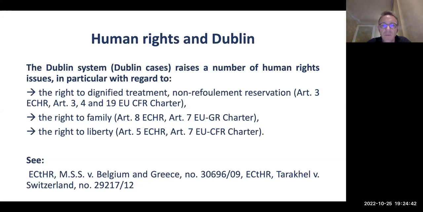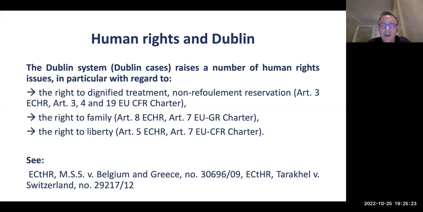So the European Court of Human Rights judged that this transfer from Belgium to Greece was not accurate, for the specific reason that the reception system and the system of protection in Greece is not in line with Article 3 of the European Convention on Human Rights, meaning that the conditions are considered by the judges in Strasbourg as non-dignified and inhuman. So it's inhuman treatment.